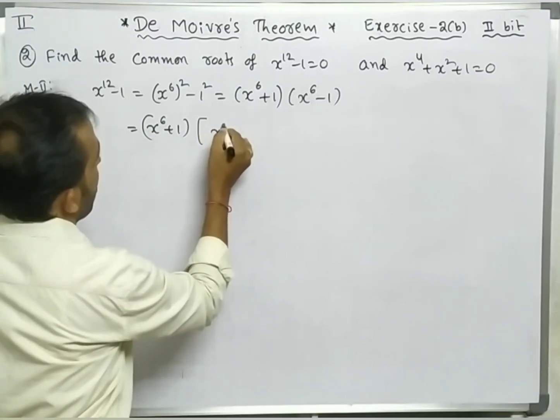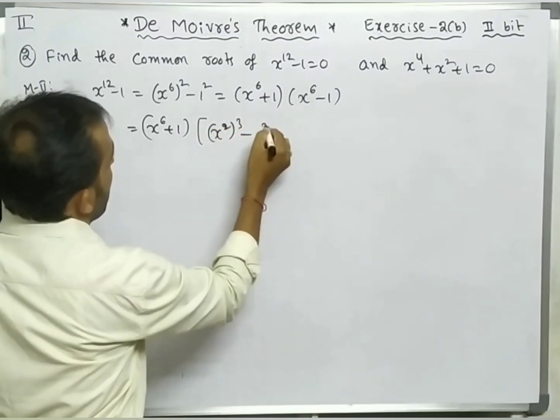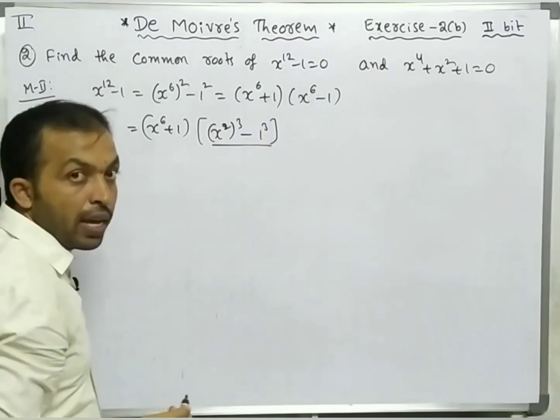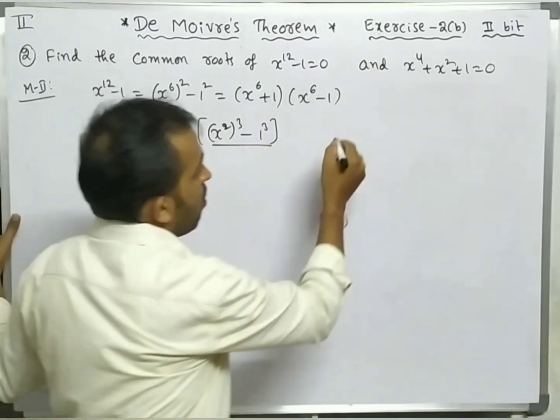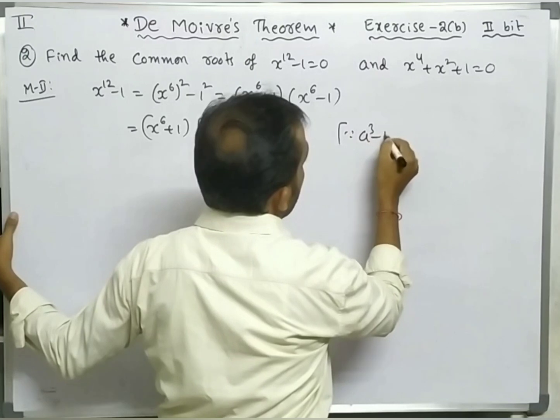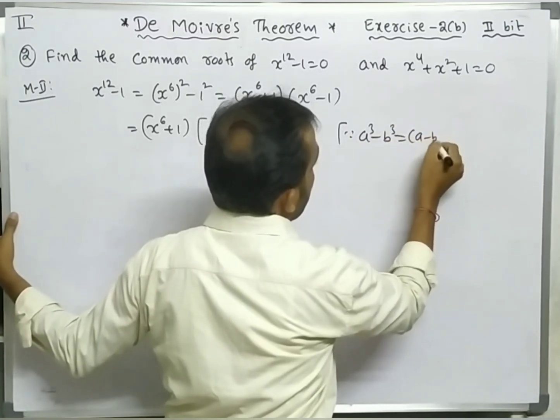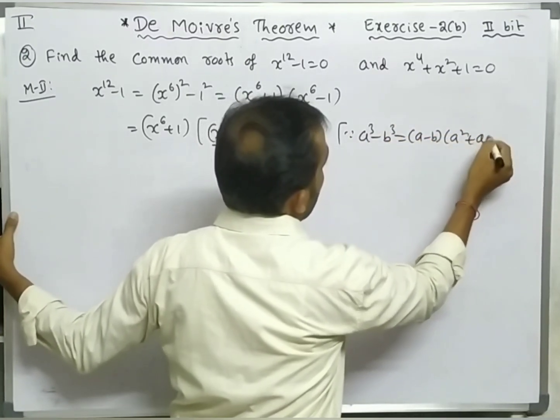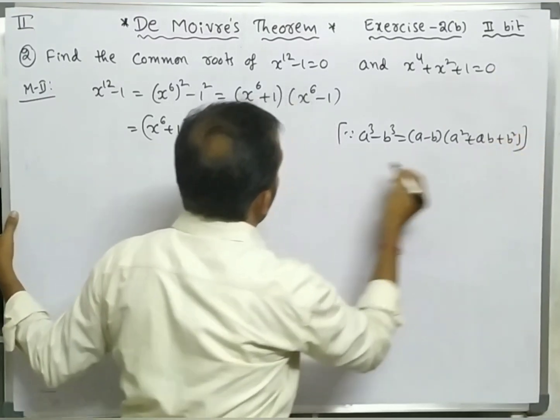Again, this x power 6 minus 1 can be written as (x square) whole cube minus 1 cube. This is of the form a cube minus b cube. What is the formula of a cube minus b cube? That is (a minus b)(a square plus ab plus b square), right?